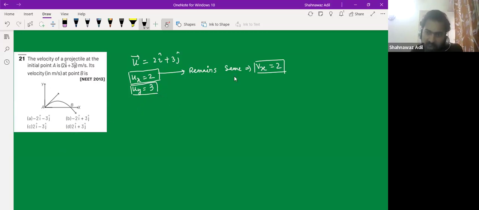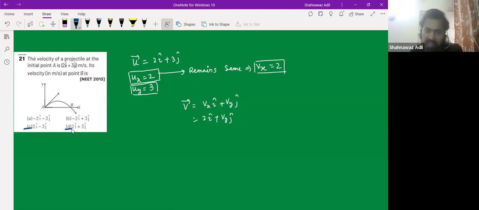If you check the options, what is the velocity which remains the same? In here, the final velocity would be Vx i plus Vy j. And you see that Vx is 2, so this would be 2i plus Vy j. If you see the options, this option has 2i, this option has 2i.